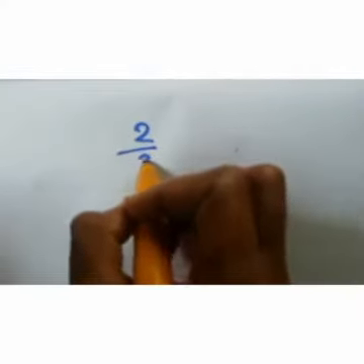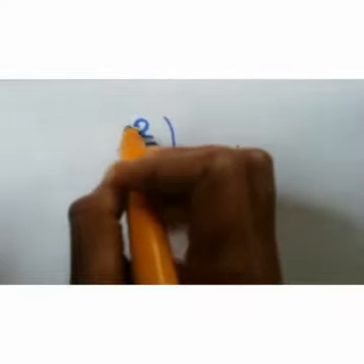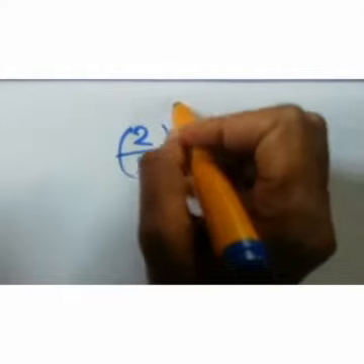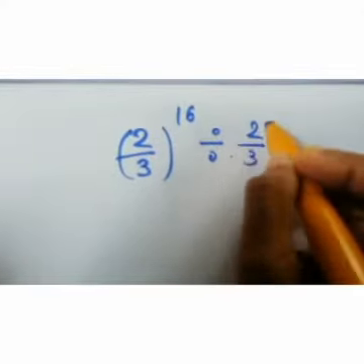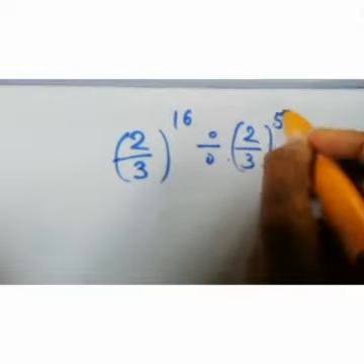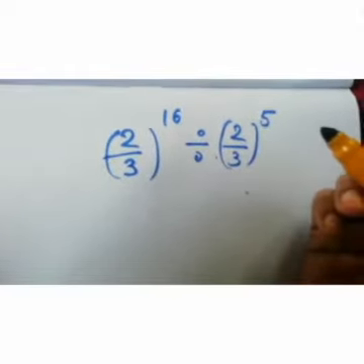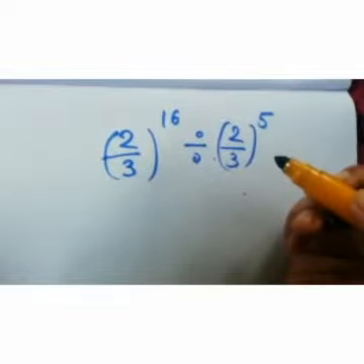Here we discussed the division rule for a natural number. Let's find what it is in a fraction. If 2 by 3 all raised to 16 divided by 2 by 3 all raised to 5, here the same rule is applicable.